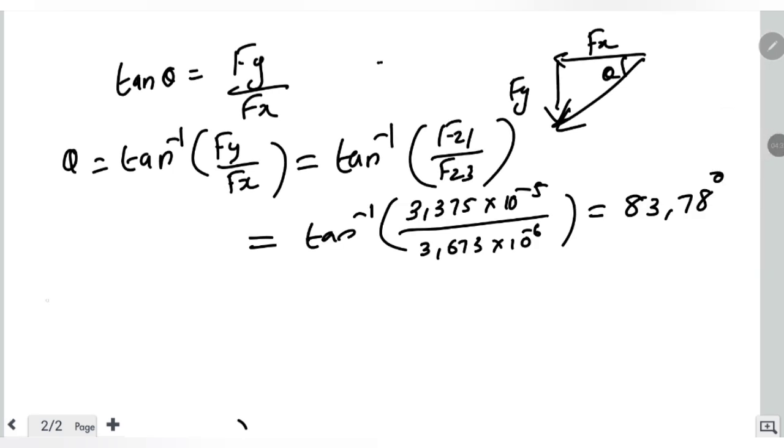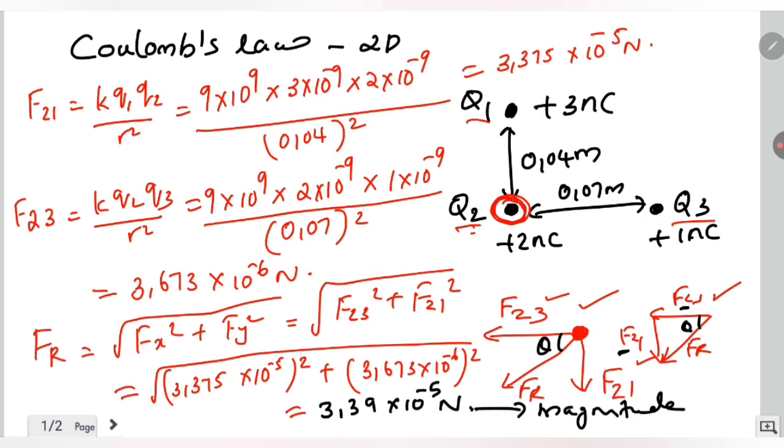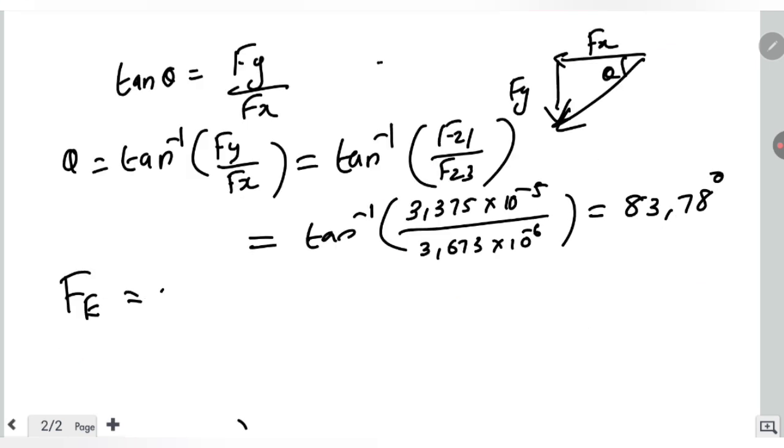So when you write the final answer, if it is the net force, then it's going to be F net or Fe. Electrostatic force is represented by Fe, right? What was our answer? 3.39 times 10 to the power of minus 5 newtons, 83.78 degrees.